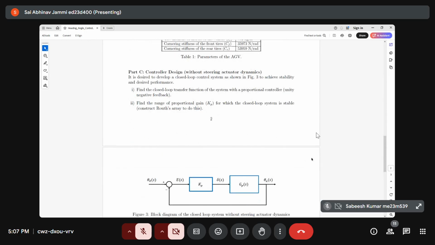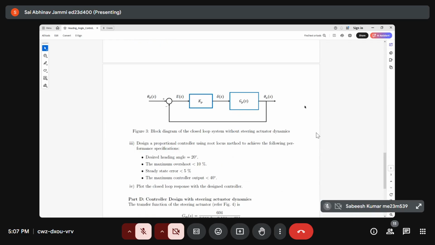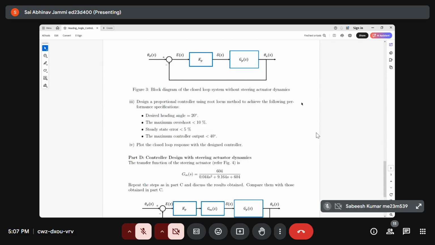In today's session, I'll directly go to the RL tool and start designing there. But when you do it, you first construct the Routh array and then get the ranges. That will give you an idea of how you choose the values. All right. Next, for designing the controllers, these are the constraints we have.